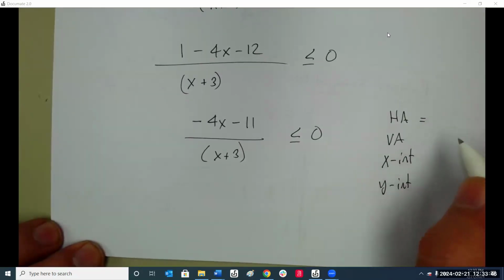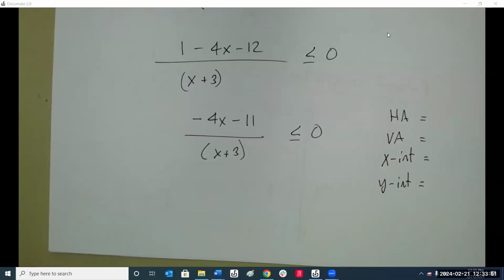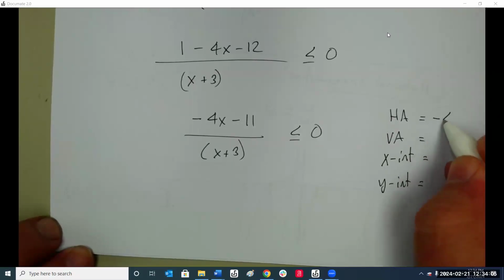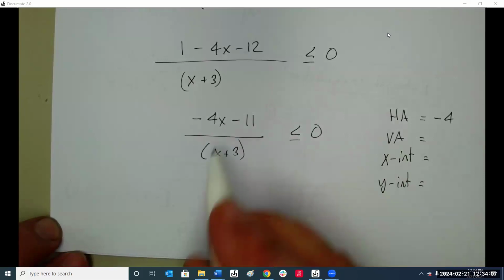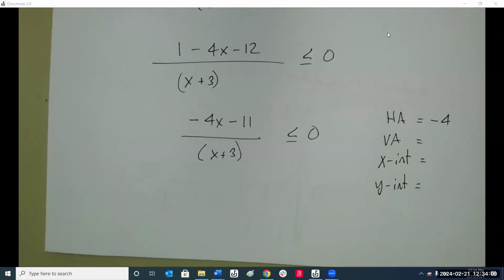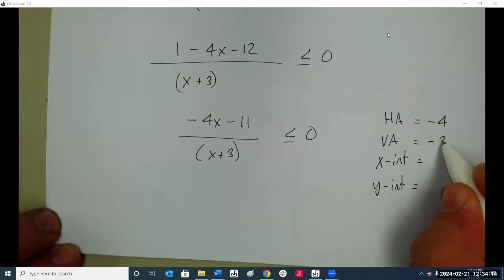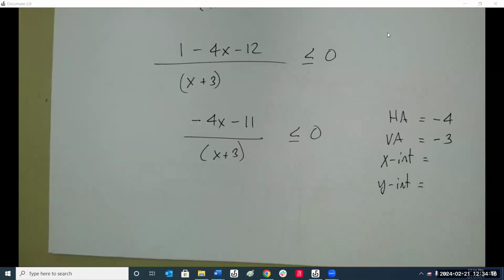So we have to find the horizontal asymptote, the vertical asymptote, the x-intercept, and the y-intercept. So what's the horizontal asymptote? Negative 4, because both of the leading terms have exponent of 1. They're both the same. What's the vertical asymptote? Set the bottom equal to 0. What's the x-intercept?